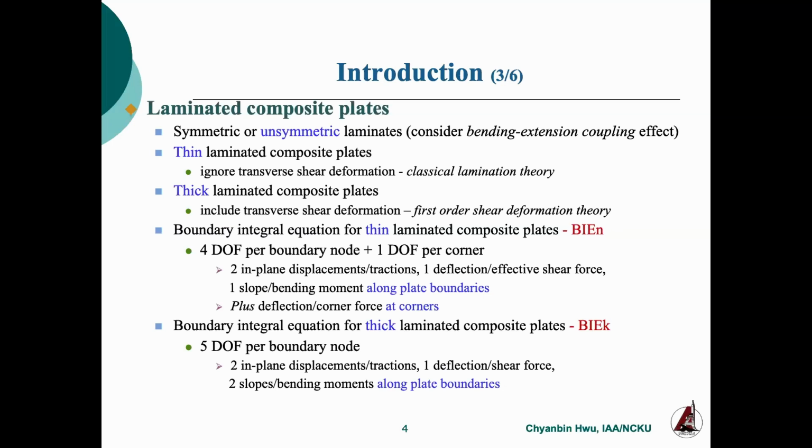For the 4 degrees of freedom, we consider 2 in-plane displacement and traction components, 1 effective transverse shear force and deflection, and 1 slope and bending moment along the plate boundary. And for the corner, we need to consider the corner force. And for the thick laminate plate, we consider 5 degrees of freedom. It's much simpler than 4.